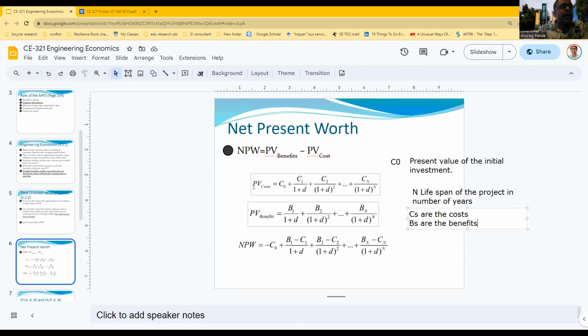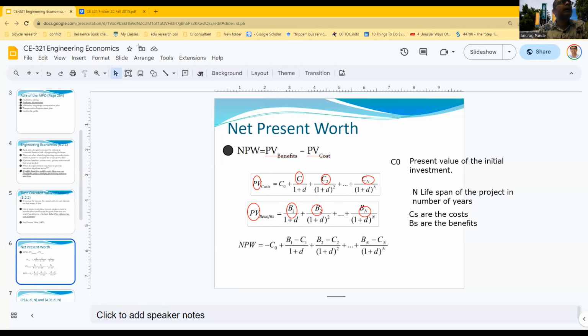Because we're trying to establish this present value, PV, I need to discount all of these future investments, which is C1, C2, Cn, and same thing with B1, B2, and Bn, to today's dollars, because my goal is to get the present value. And how do I do that?